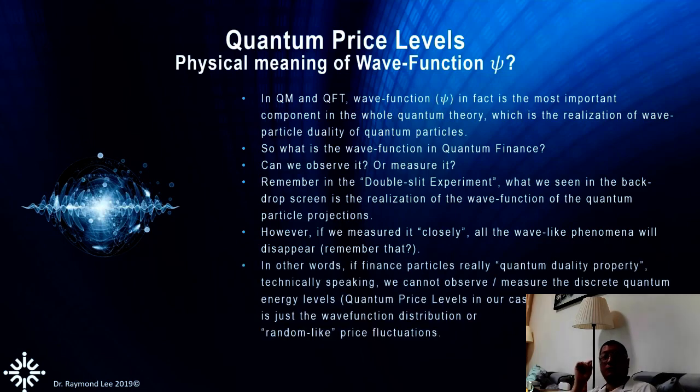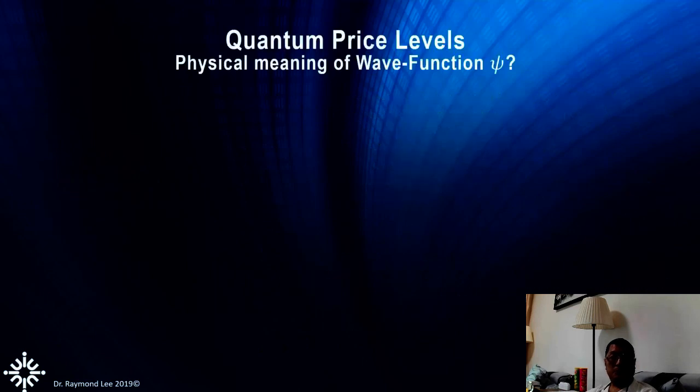So in other words, if the financial particle really has the duality effect of quantum world particles, technically speaking, we cannot measure the discrete quantum energy level, okay? But we can observe just the wave function as our overall big picture, right? So what should we do?